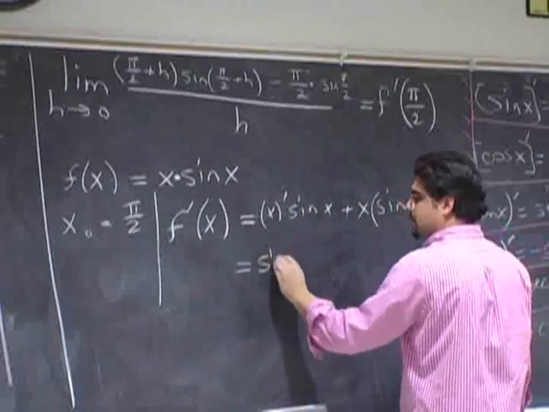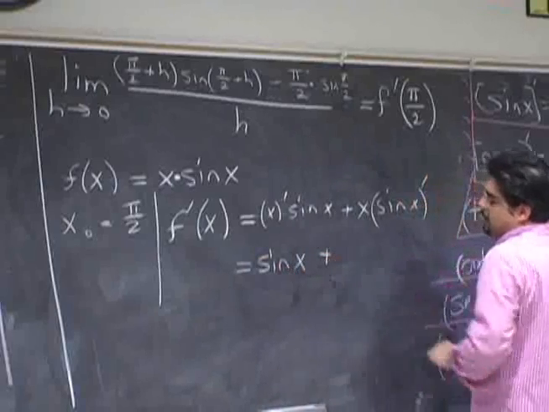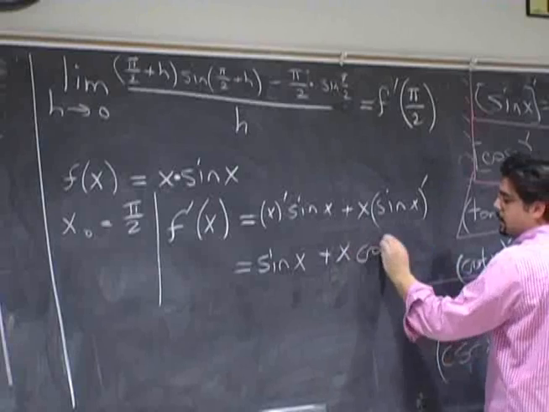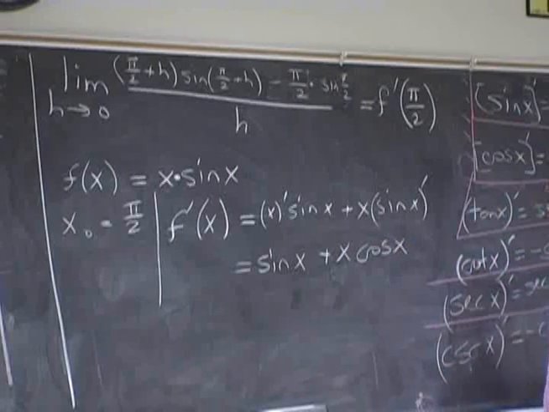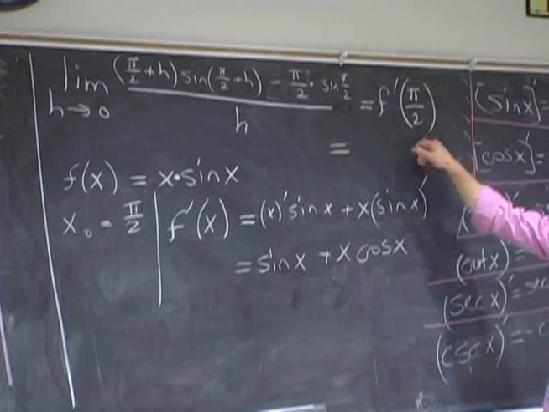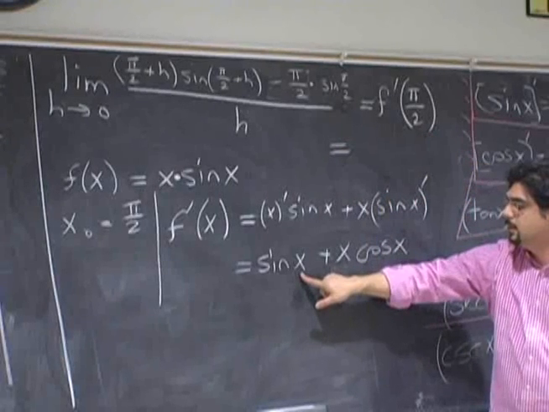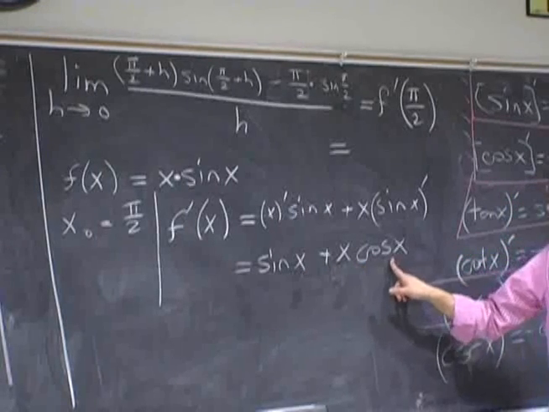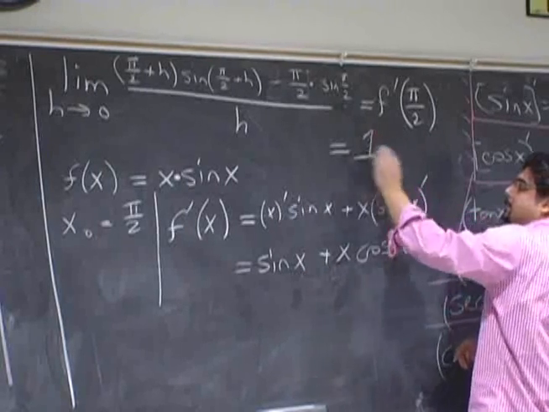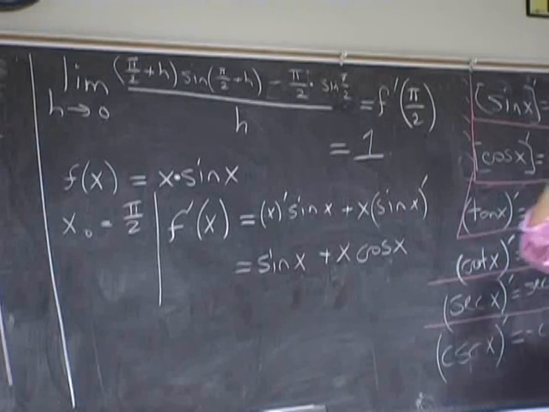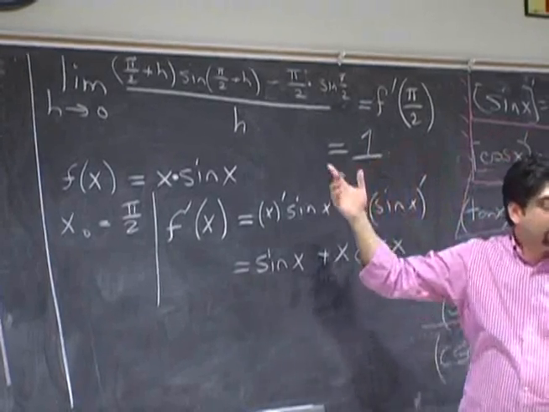And that's sine x plus x times the derivative of this, which is cosine x. Okay? So if I were to plug in pi over 2, I'd get 1 plus cosine pi over 2 is 0, so I just get 1. Okay? The alternative is pretty difficult, to calculate this limit.